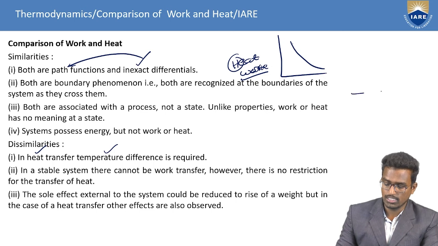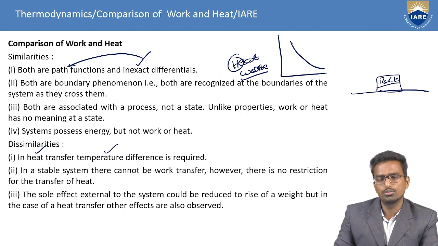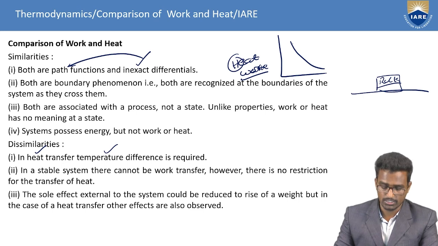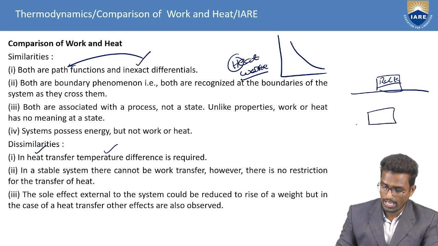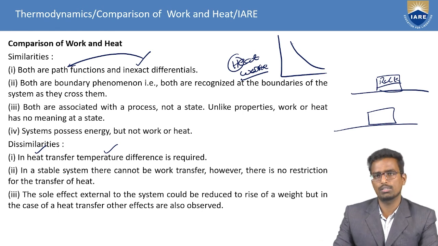That means if something is in a stable condition, you cannot expect any work from it. A simple example: I keep a rock on the ground. If it is at rest, I cannot expect any work from that rock. But even a system at rest can have heat transfer.